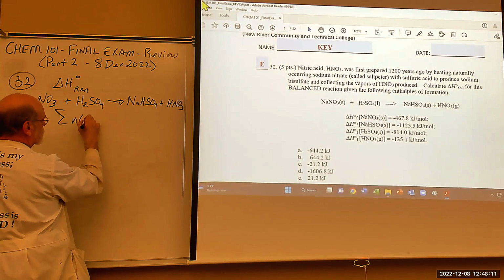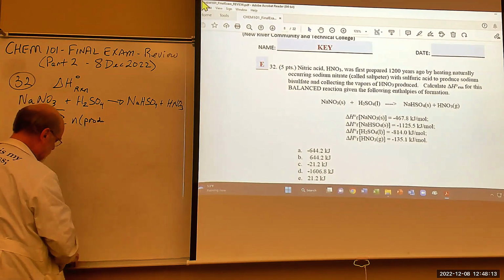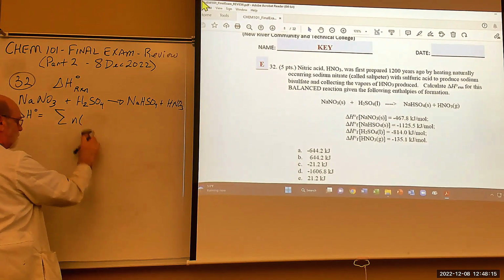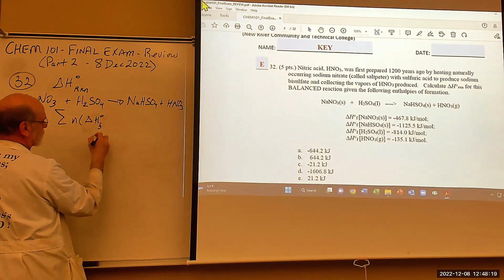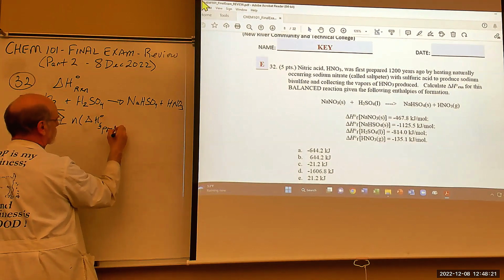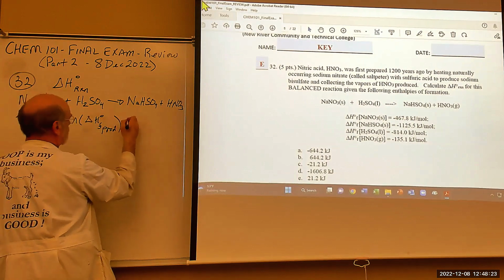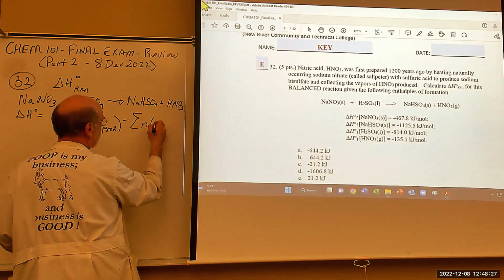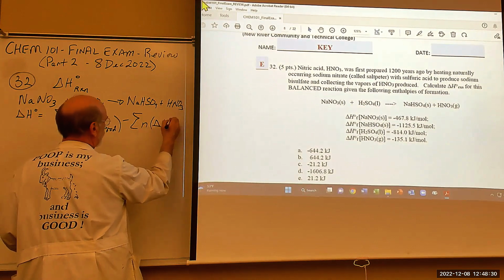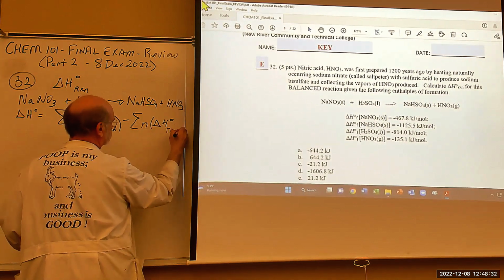Actually, I should write it this way: delta H0 formation for products minus the enthalpy of formation for reactants.